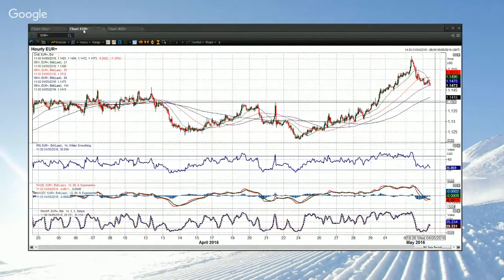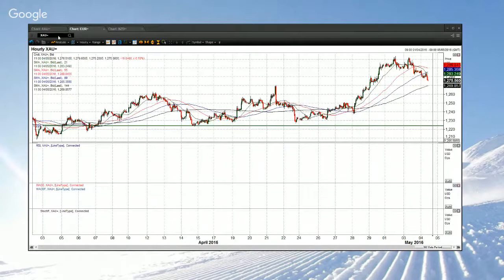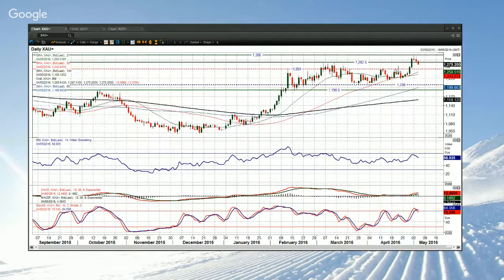Let's look at the hourly chart. You can see that rolling over effect. So you're getting a more corrective outlook on the hourly MACD lines and the RSI. And as I said, that's the 1270 old resistance, new support, and 1260 is a level that was fairly consistently hit through this range.